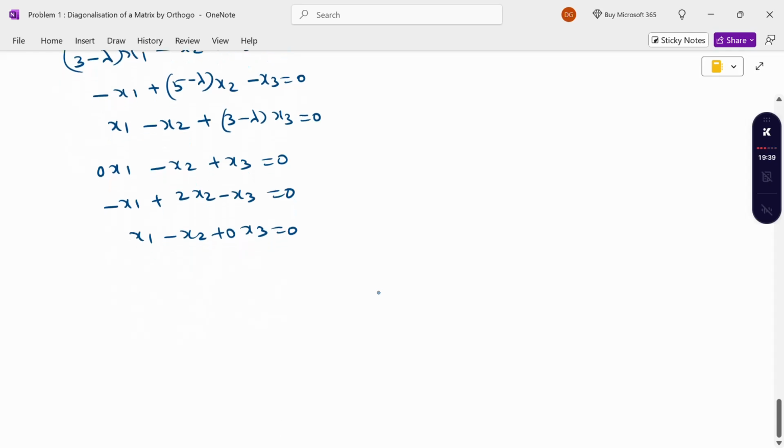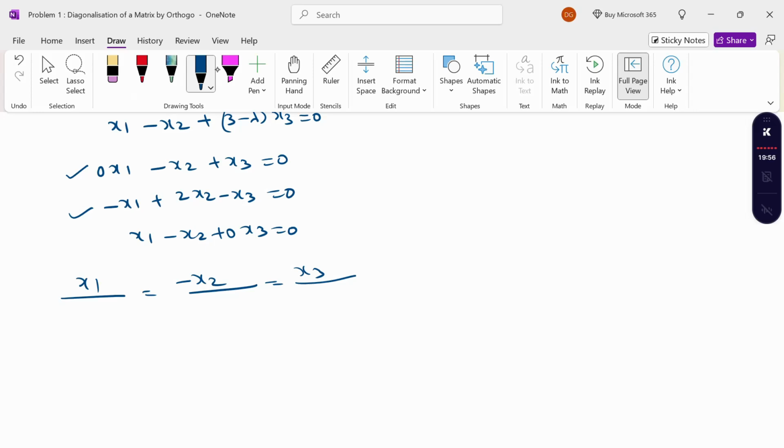Therefore choose any two equations. Compared to this, 1 and 3 are similar, so I'm going to choose 1 and 2, x1 by minus x2, then x3. So better you just directly write the cross multiplication. So what is the cross multiplication of this?